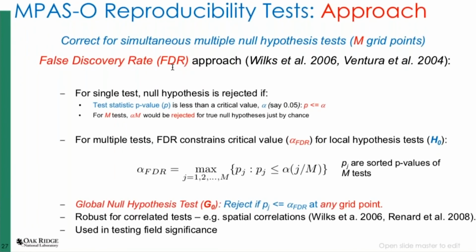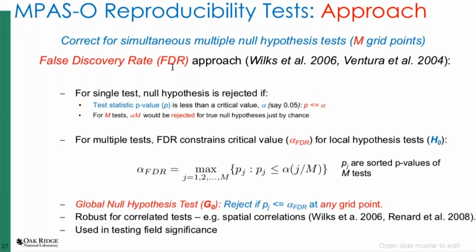The other problem here is that we now have a large number of tests that we are conducting. So the issue of multi-testing comes up, where if you're doing a 95% confidence test, then 5% of them would fail. And if you have correlations, certain other test points would also fail. There are approaches where you can correct for this kind of multi-testing and correlations. One of those approaches is called the false discovery rate, and what it does is correct the critical value.